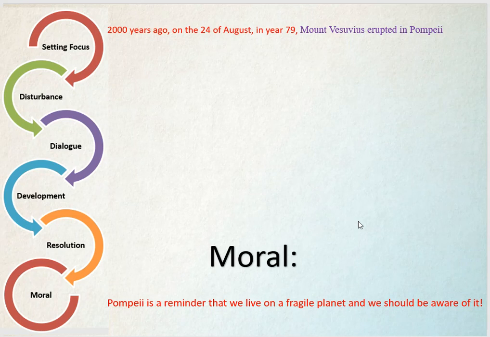There's a fragile dimension of life that we might not see every day, but when we see it, it really strikes us. So I thought maybe we should complete the story with Pompeii as a reminder that we live on a fragile planet, or that life is fragile.